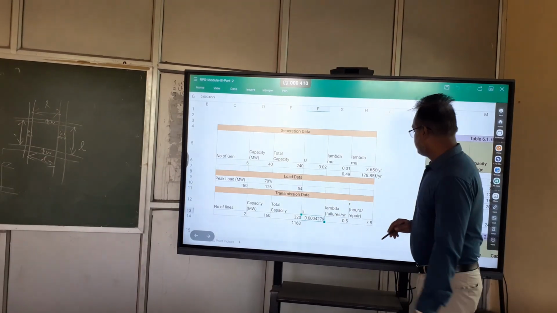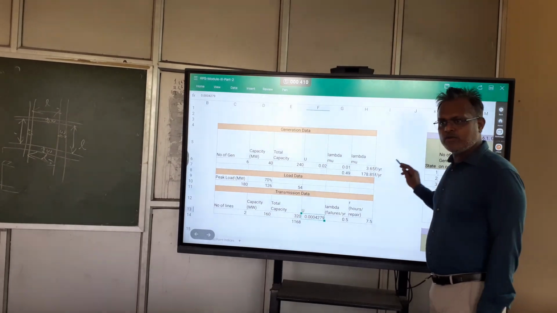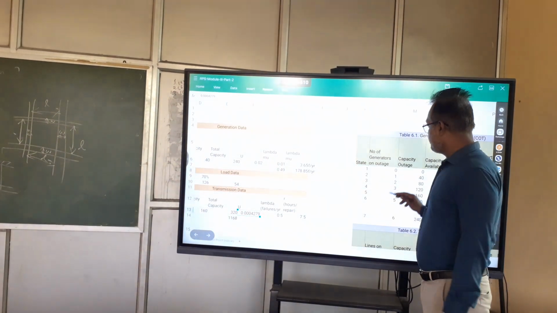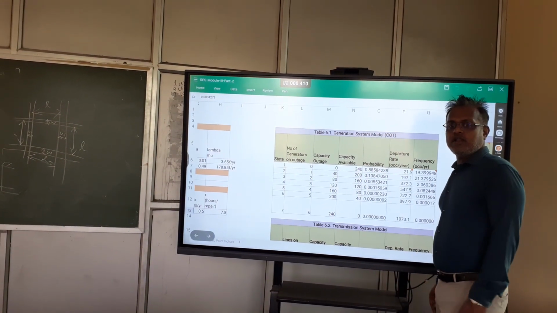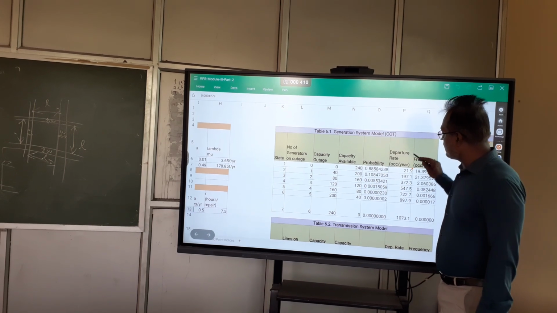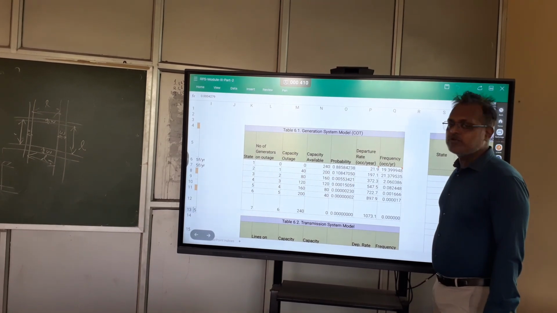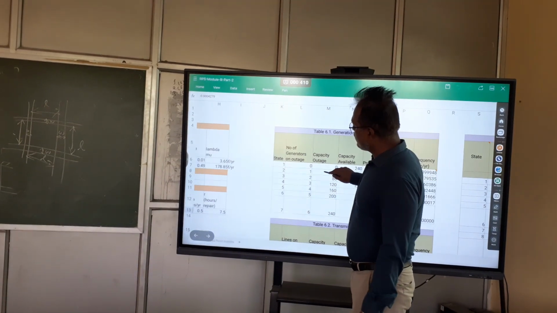So how to develop this model? The generation capacity model, we have to use FOR. How many units are there? 6 units.